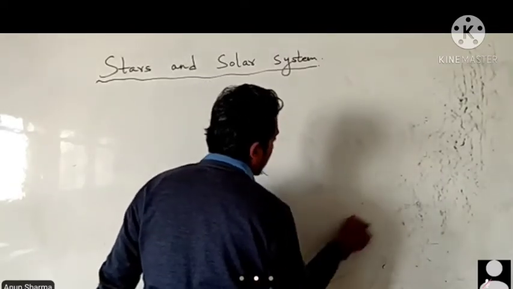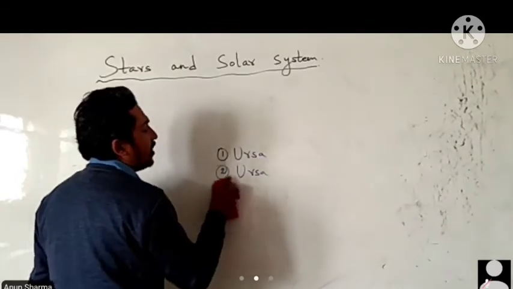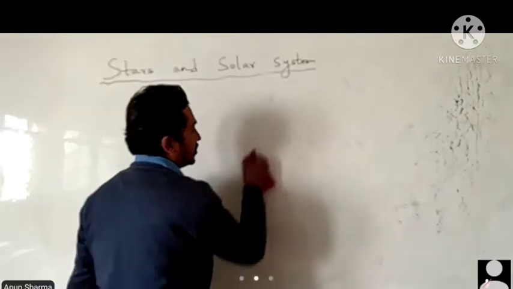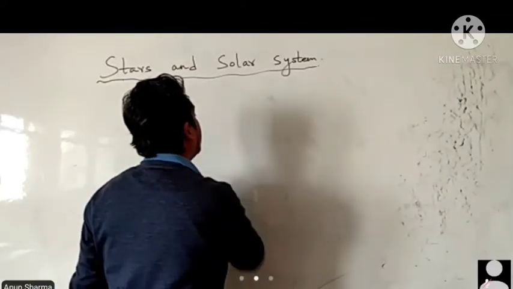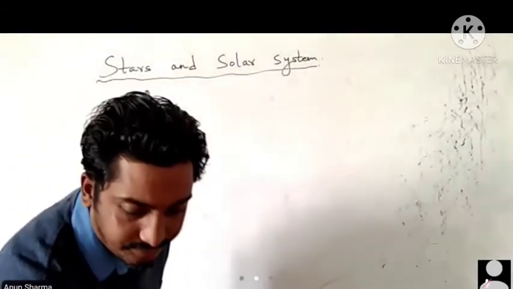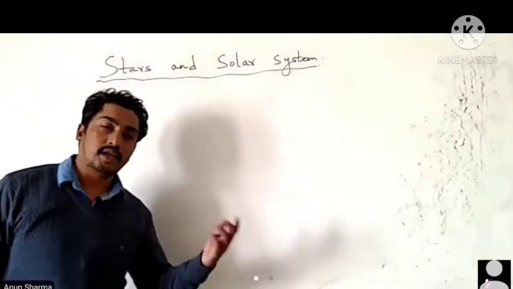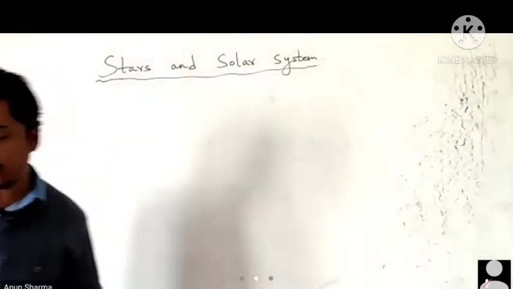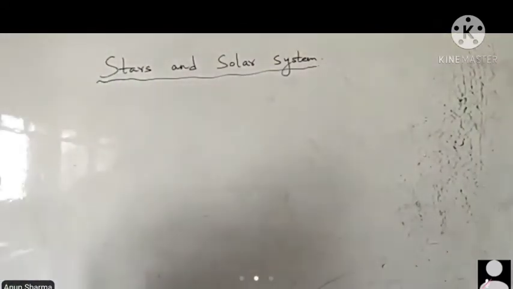The nearest star to us is the Sun, and nearer to the Sun is Alpha Centauri. Stars have definite appearance, color, temperature, size, etc. Now let's talk about galaxies.